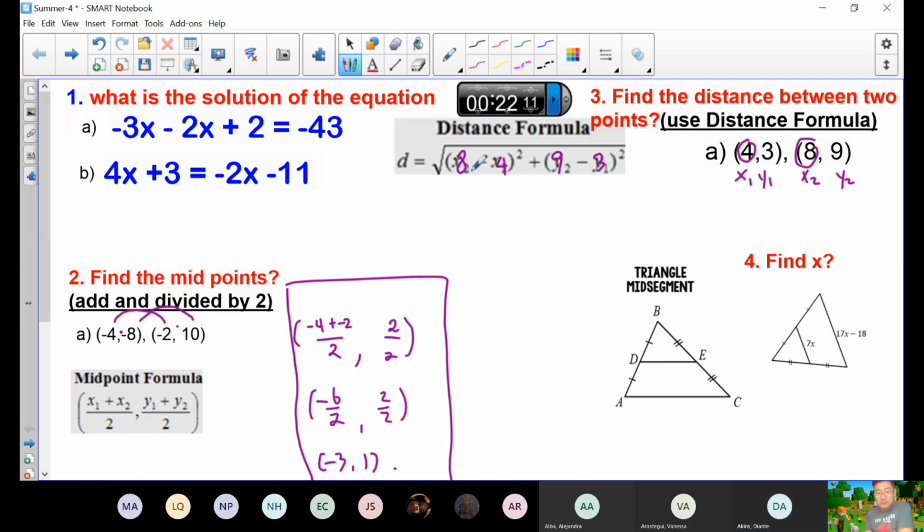When you do that, 8 minus 4 is 4 squared, plus 9 minus 3, which is 6 squared. So this is 16, and this is 36, so 52.